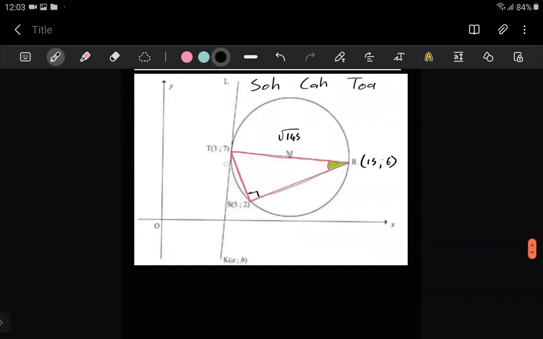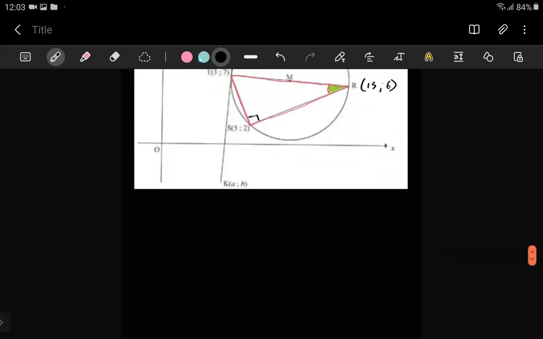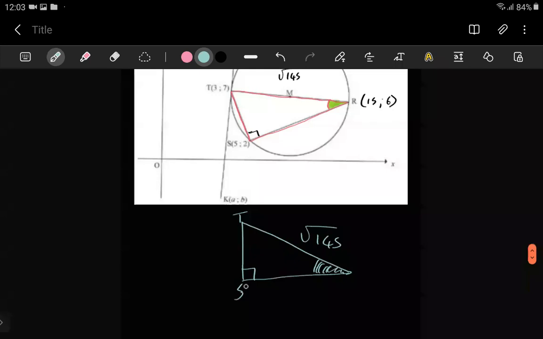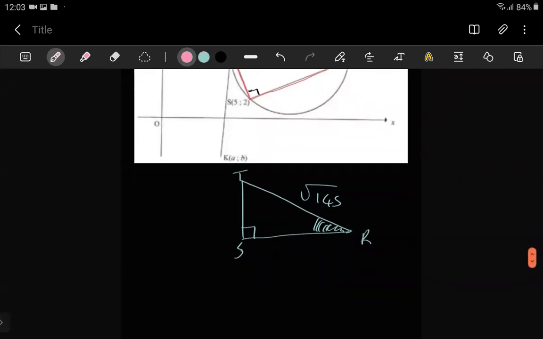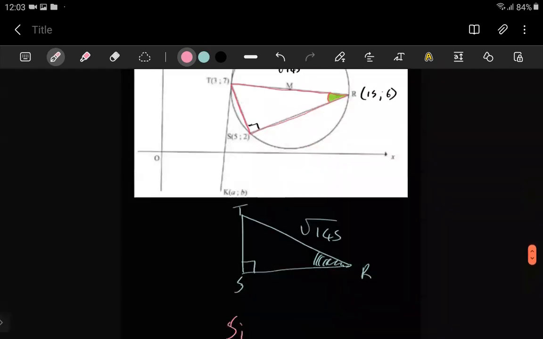What I mean is, if we have the distance of TS, then we will have, if we need this angle here, and we have square root of 145 here, we will at least have the opposite and the hypotenuse. They're asking, calculate sine r, right?